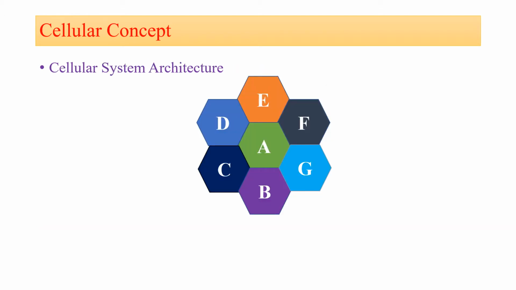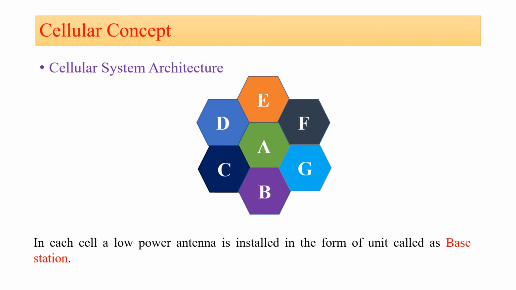Now in cellular technology, one important concept is the cellular system architecture. As we know, the large geographical area is divided into small geographical areas, and those areas are our cells, and each cell has a low power antenna installed in the form of a unit called a base station.